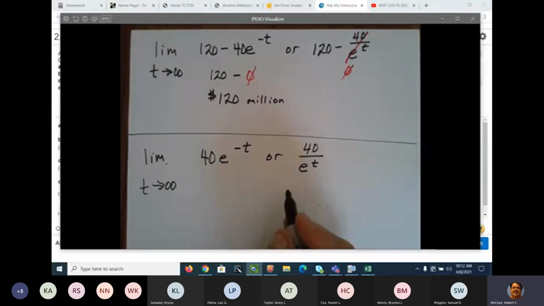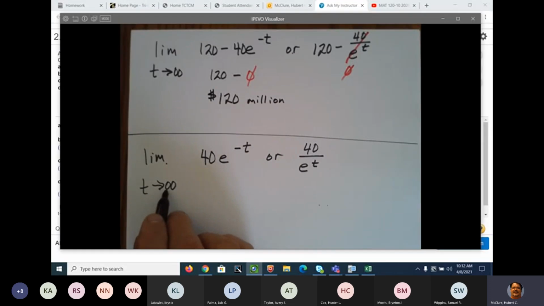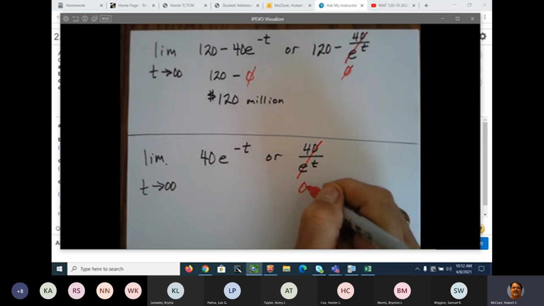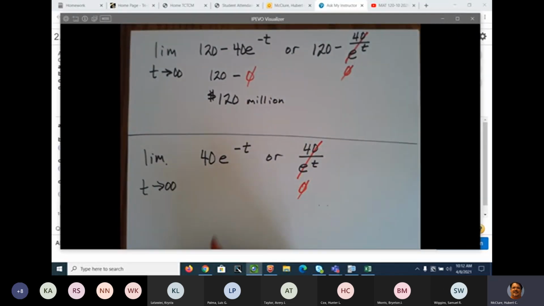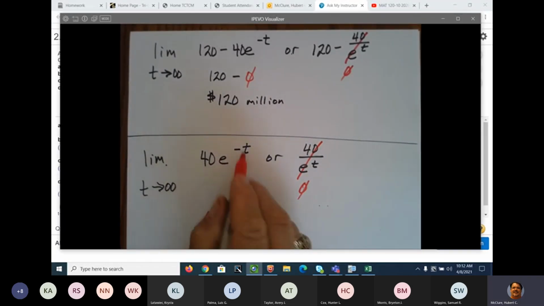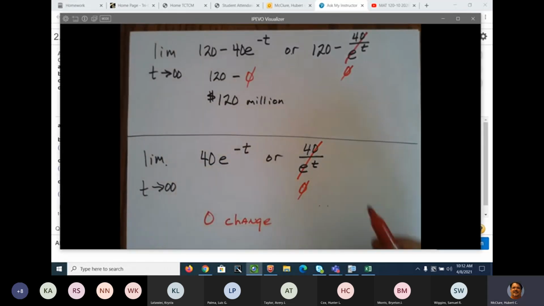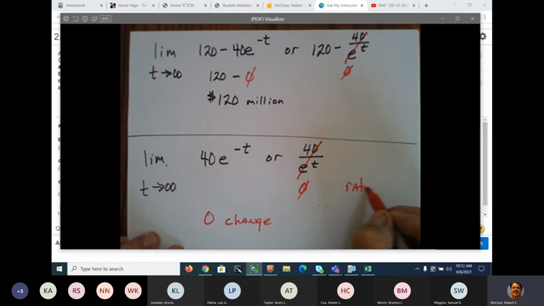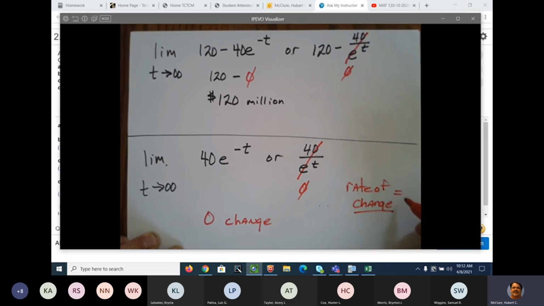And what happens here? Well, if you plug in infinity, what happens to this? It goes to 0. So this is 0 change, because rate of change is equal to slope.